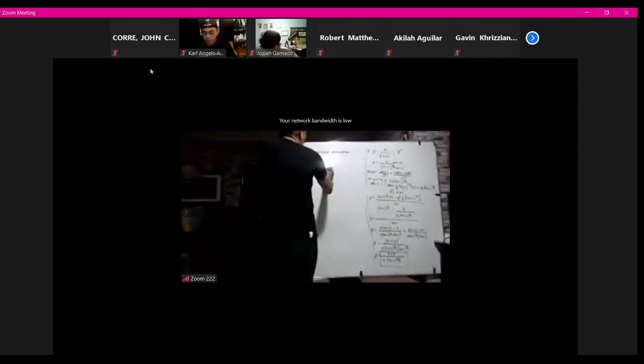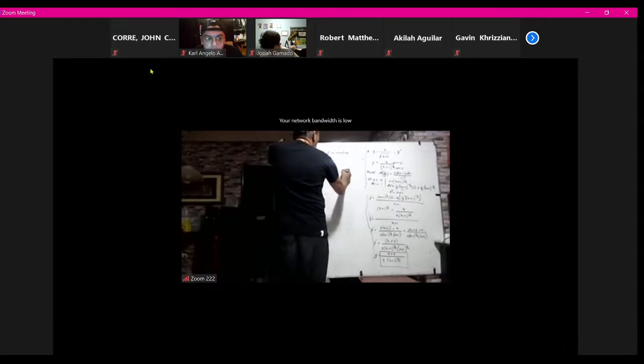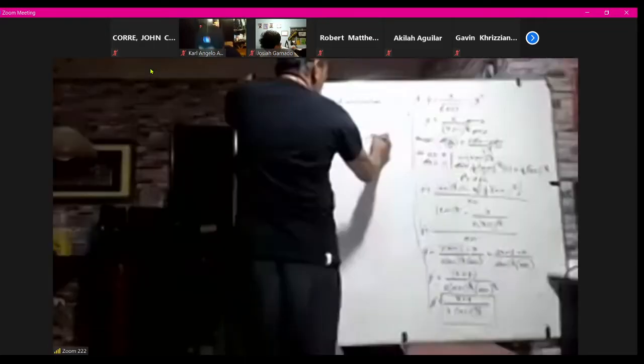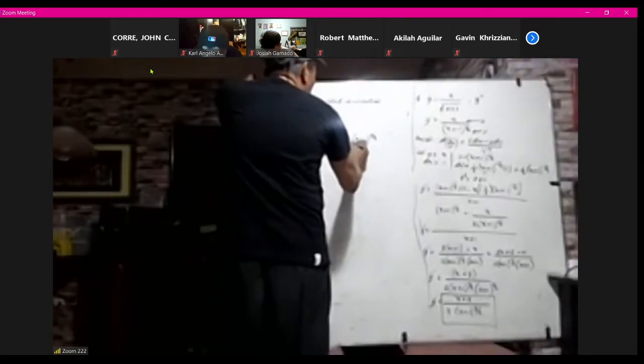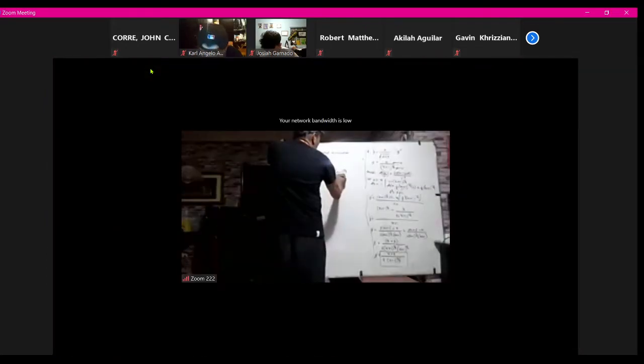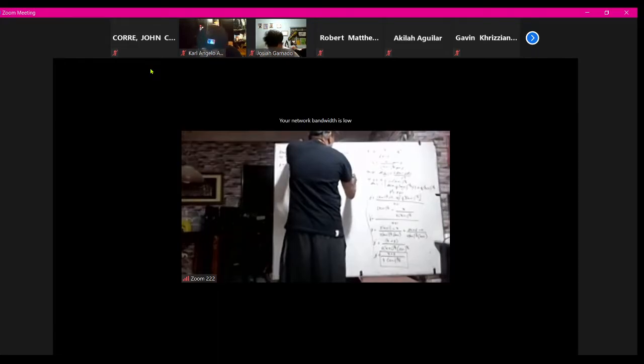Okay, how about our v? Ang v natin is equal to 2 times x plus 1 raised to 3 halves. Derivative of v equals 2 multiplied by 3 over 2 times x plus 1, then 3 halves minus 2 over 2, derivative ng x is 1.